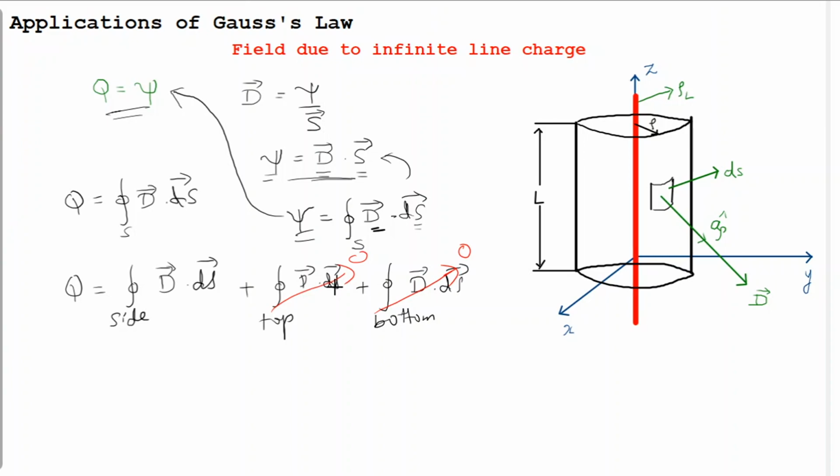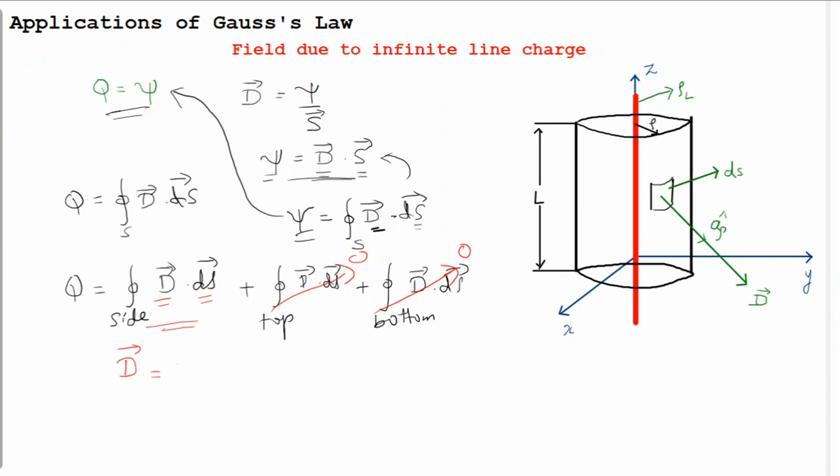Now coming to the side, how to evaluate the side integral D dot dS? For that, I should know what D is, how to represent D and how to represent dS. Now the D vector can be represented as magnitude into direction, right?